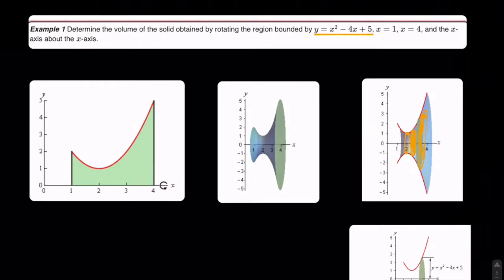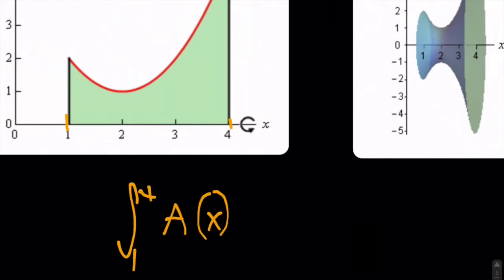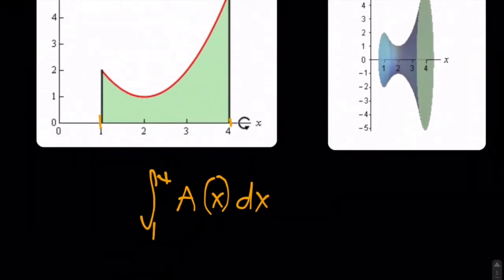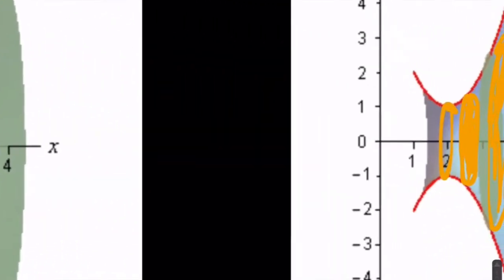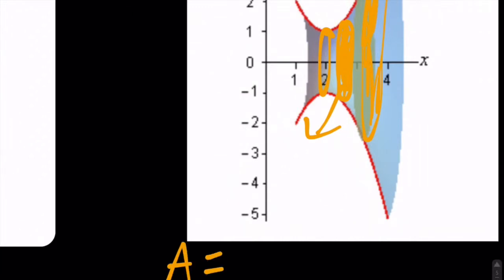So, to find this volume, what we should do is take the integral from 1 to 4 of the area in terms of x with respect to x. Now, let's try to find a way to represent the area in terms of x. What we know about these disks is that they're circles, and the area of a circle is pi times r squared. And the radius of these disks is simply the height of the function, or in this case, y.